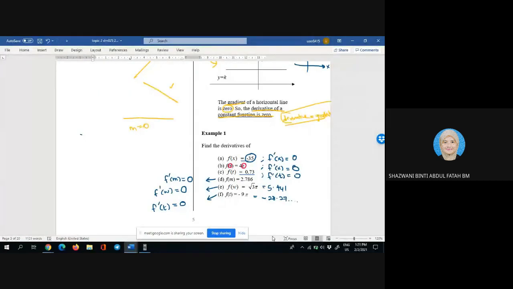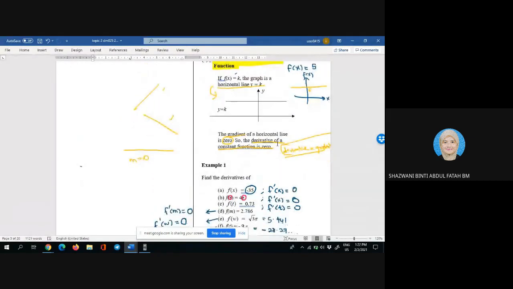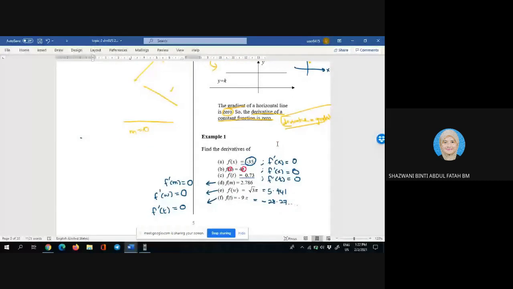So basically for example 1, starting from a until f, semuanya derivative equals to 0, sebab function ini adalah constant function. Bila kita nak differentiate constant function, jawapannya adalah sama dengan kosong.